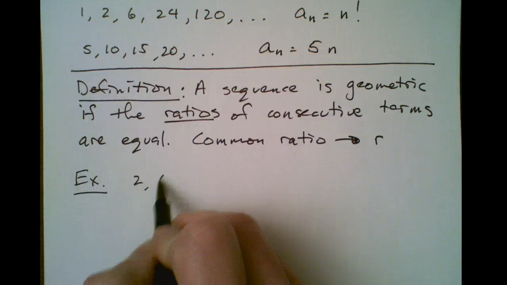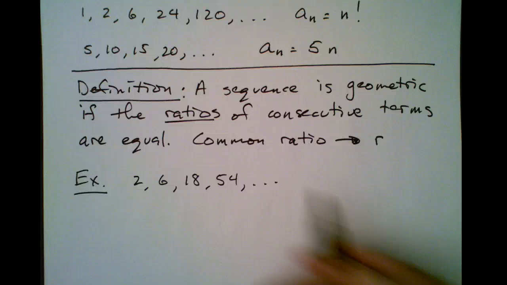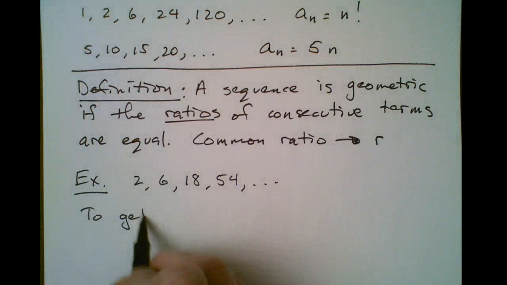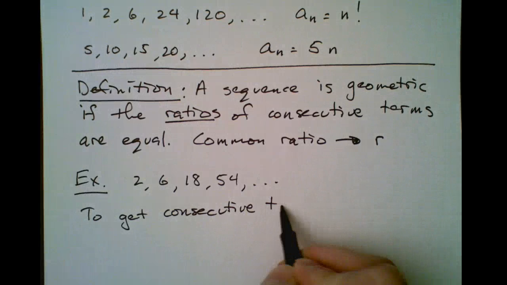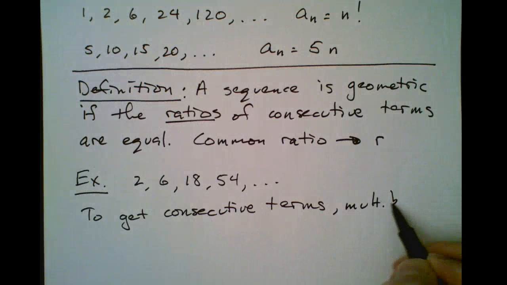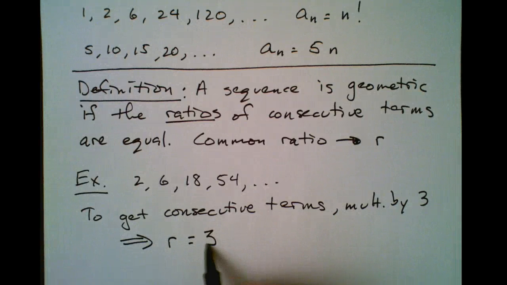Let's say we had 2, 6, 18, 54, and so on. To get consecutive terms, multiply by 3. So that would mean R, our common ratio, is equal to 3.